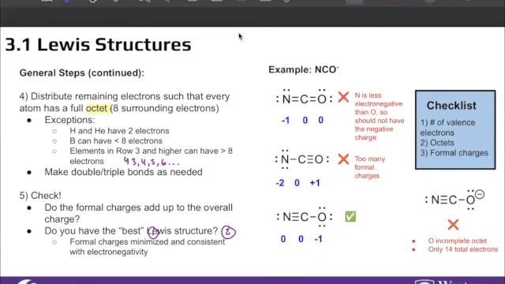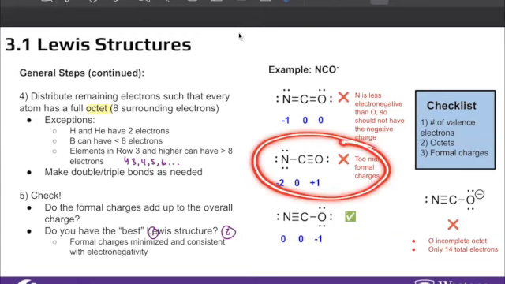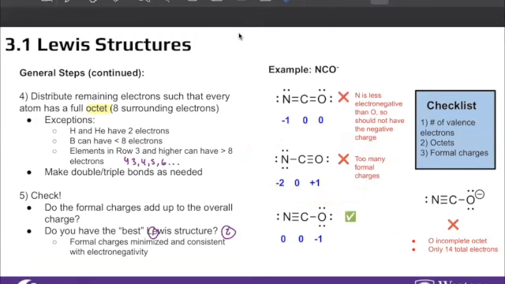So an example of a structure where the formal charges are not minimized is this one here. So you can see that it is possible to draw a structure where we just have one charge, which is a -1. But in this case, we overcomplicated things. We've got a -2, we've got a +1. It's just too much. So this structure does not minimize formal charges, so it's not our best structure. And then when we say consistent with electronegativity, what we mean is that we want electronegative atoms to be the ones that have the negative formal charges on them.